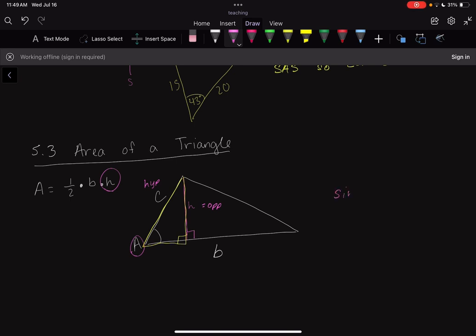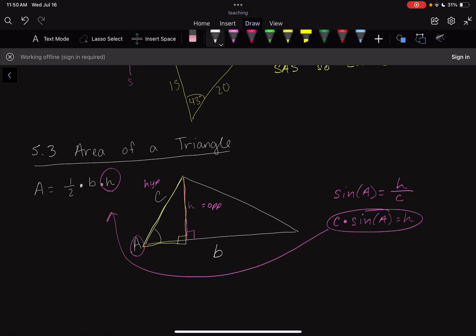So sine of A would be equal to H over C. And then I can solve this for H and say C times sine of A equals my height. And so then this I can replace into my area equation.